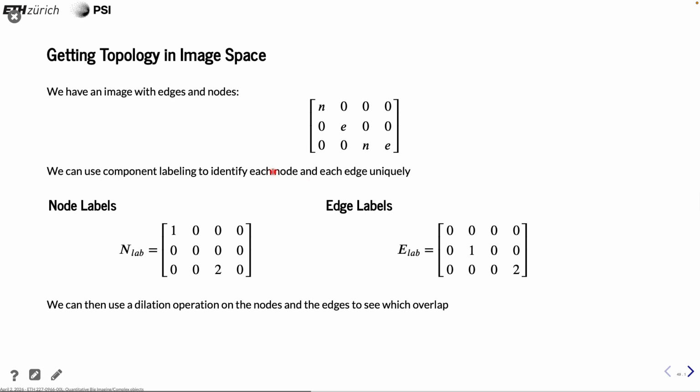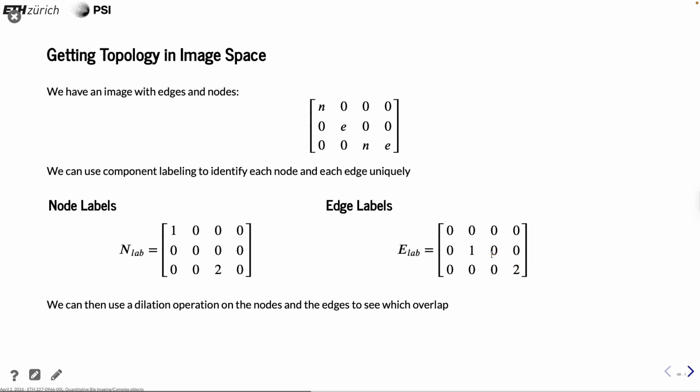So let's say we have a very small image, 3 by 4, where we have nodes. These are the ends and edges. And the principle is that first we label the nodes and edges separately. So we have node 1 and 2, and here we have edge 1 and 2.